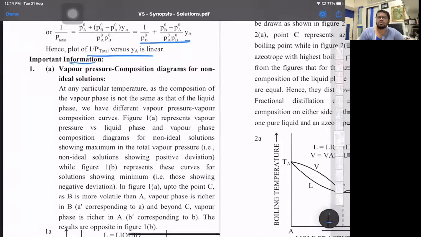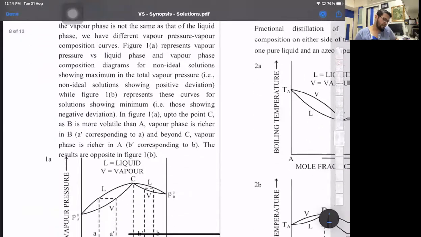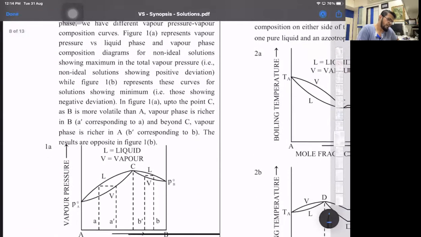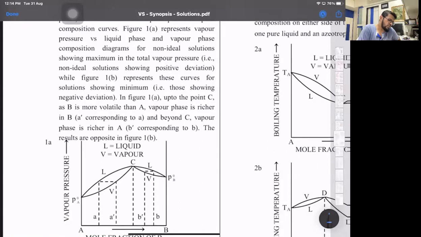At any temperature, the composition of the vapor phase is not the same as that of the liquid phase. We have different vapor pressure and vapor composition curves. See figure 1, which represents the vapor pressure versus liquid phase and vapor phase composition diagram for a non-ideal solution, showing a maximum in the total vapor pressure, showing positive deviation.